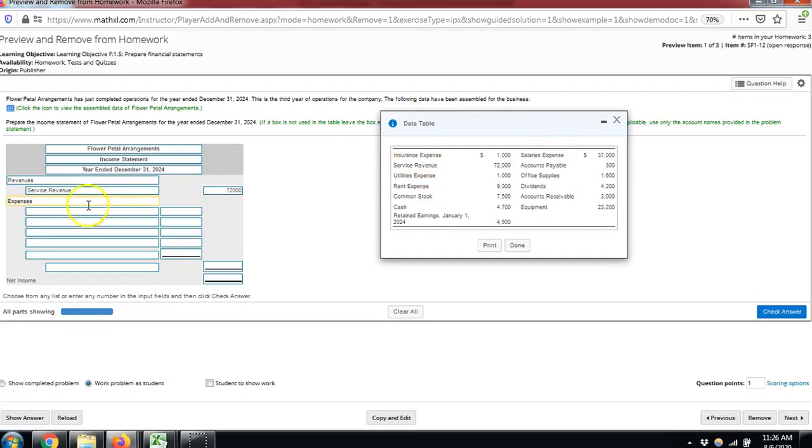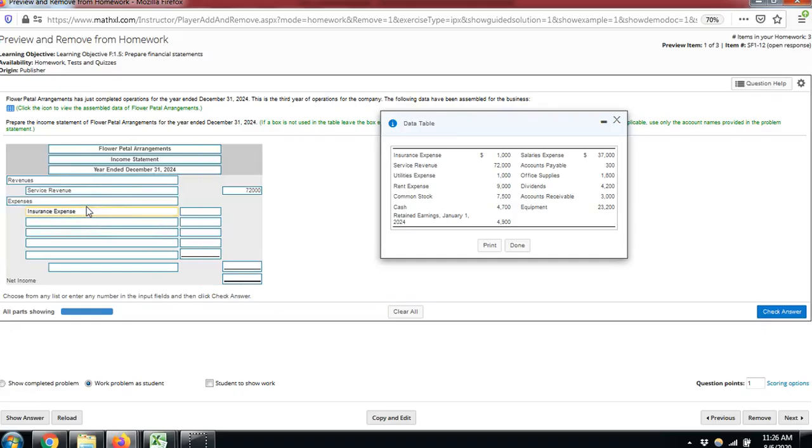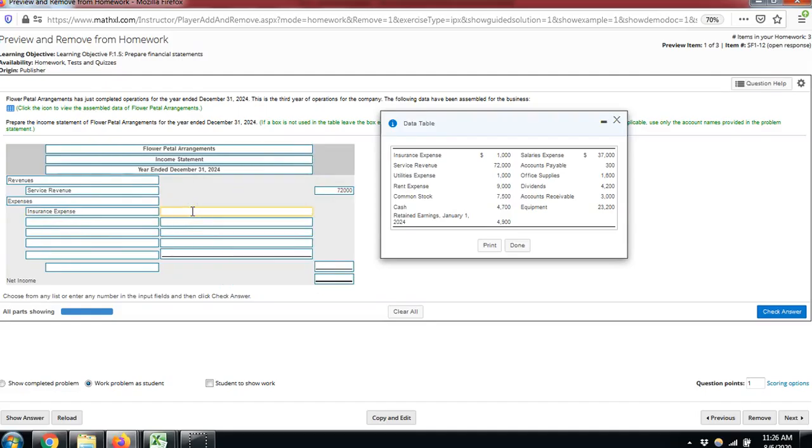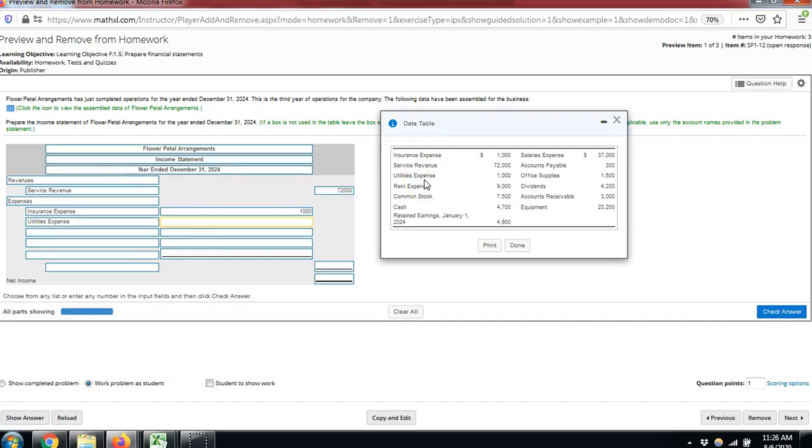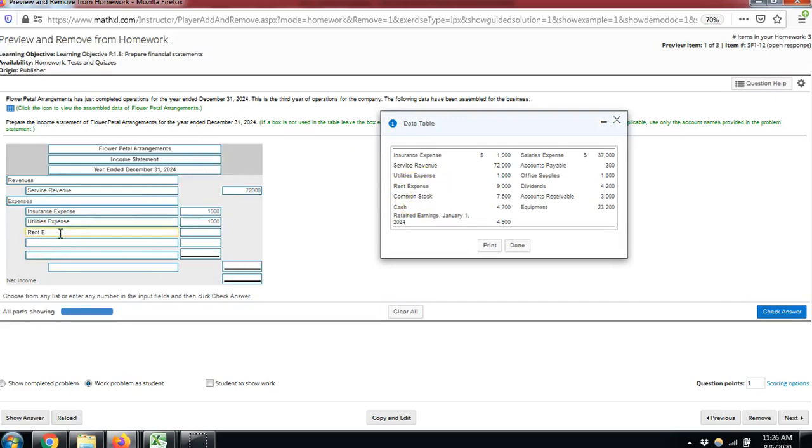At the top here we have insurance expense of 1,000. Utilities expense of 1,000. Rent expense of 9,000.